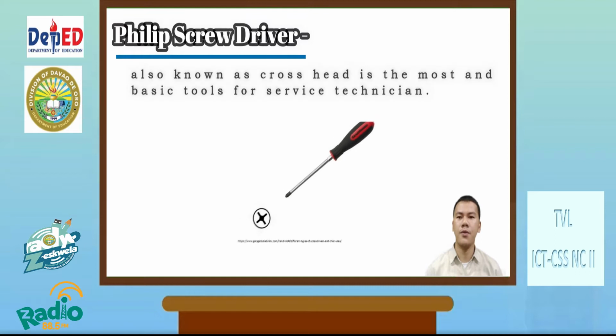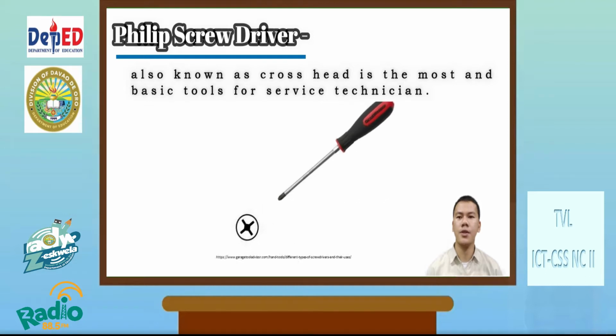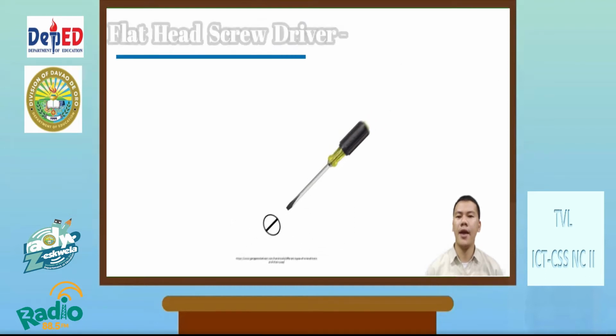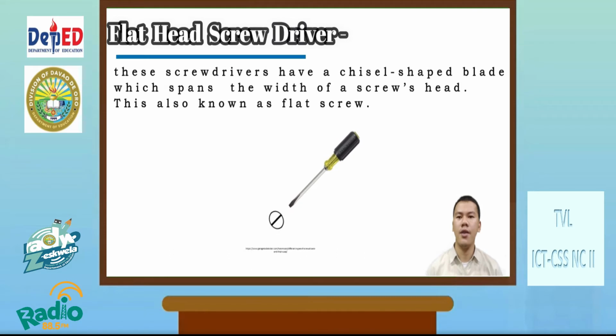A Phillips screwdriver, also known as crosshead, is the most basic tool for service technician. Flathead screwdriver. This screwdriver has a chisel-shaped blade which spans the width of the screw's head. This is also known as flat screw.